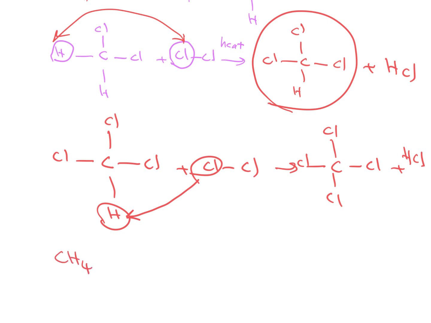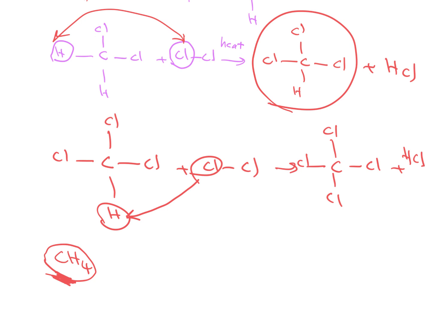So if I give you this in the exam, I say what is the product of halogenation or chlorination of methane, if you have enough chlorine, or what is the product of complete chlorination of methane, right?